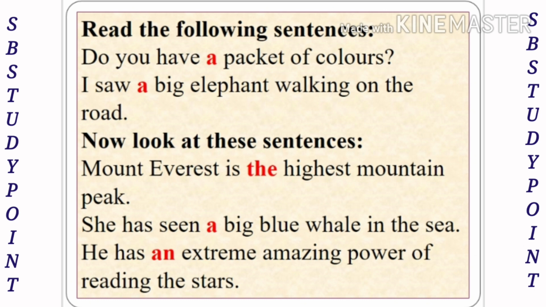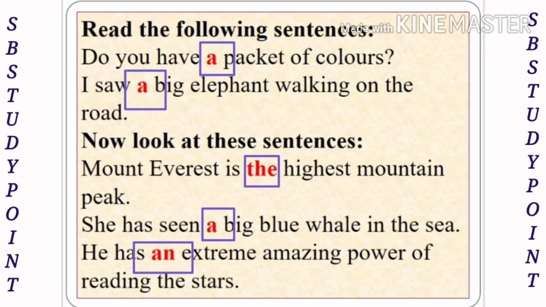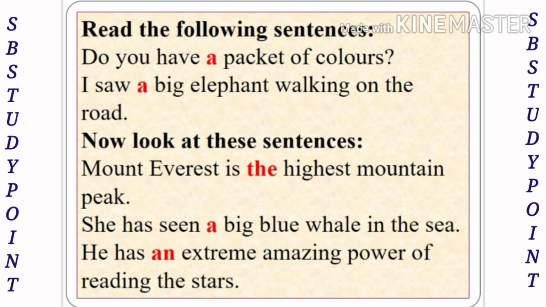Now you may notice that in all these sentences there are adjectives before nouns. So whenever an adjective is before a noun, we use the article according to the adjective, and we use the article before the adjective. Then we write the noun.